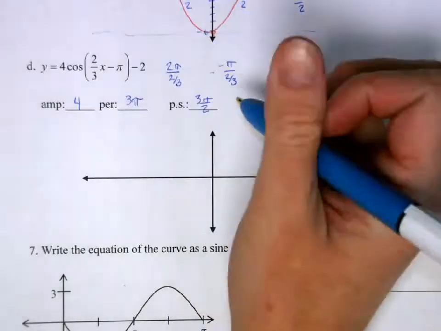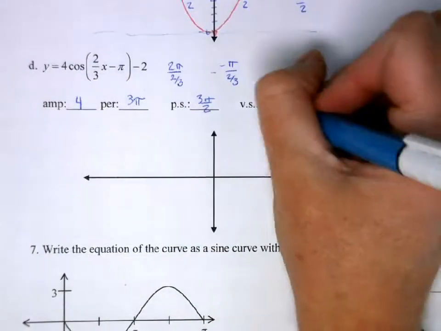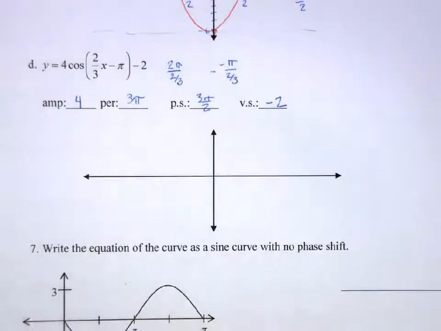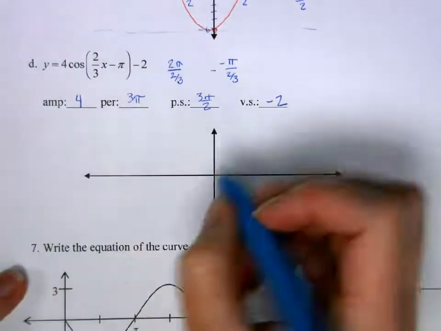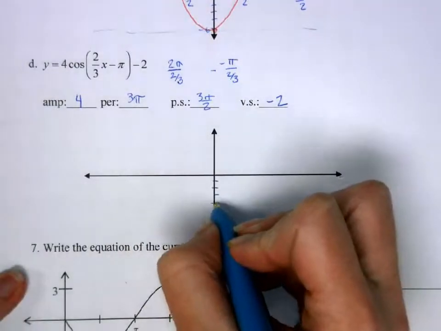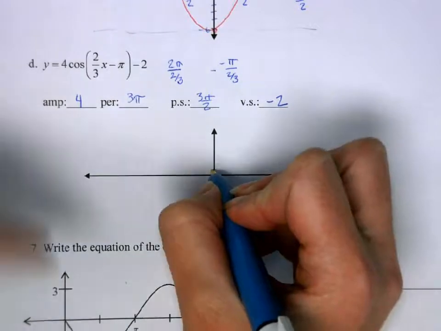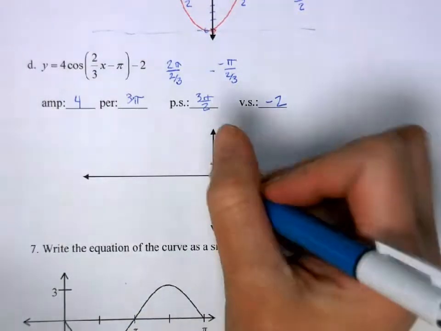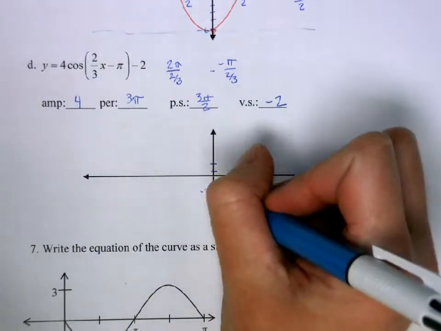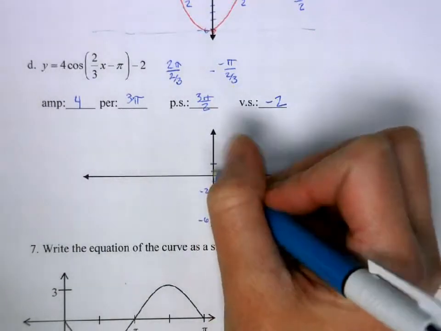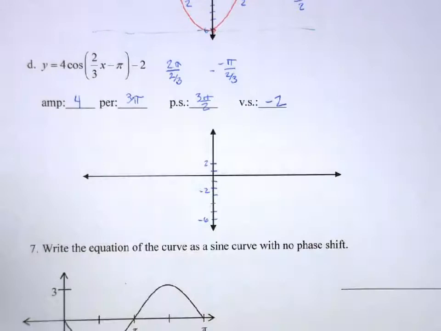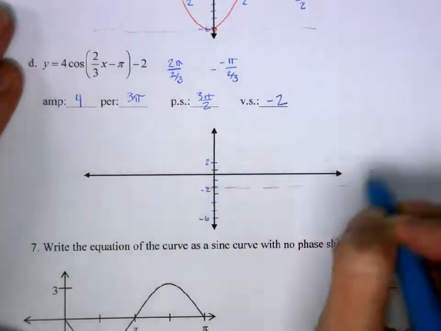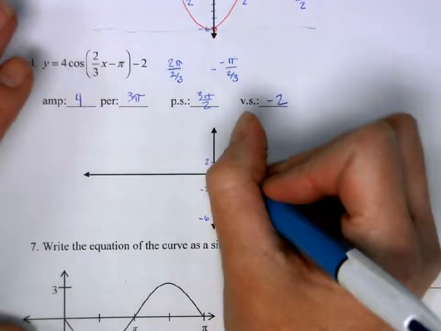Vertical shift is negative 2. So vertical shift of negative 2 with an amplitude of 4. So we're going midlines at negative 2, 4 below that's negative 6, 4 above that is positive 2. Midline, maximum, minimum.